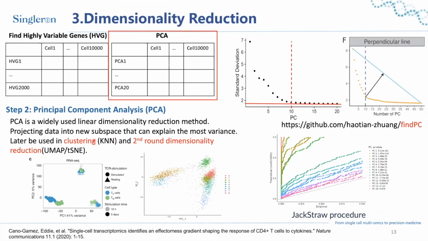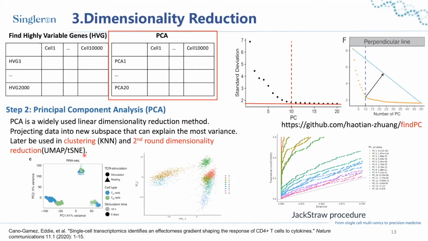Later, we will use the results from PCA as the input to do the clustering, as well as the second round of dimensionality reduction. The reason we are not using PCA by itself is because of the large number of cells. The top two principal components are not good enough to show the heterogeneity of the cells in single cell.